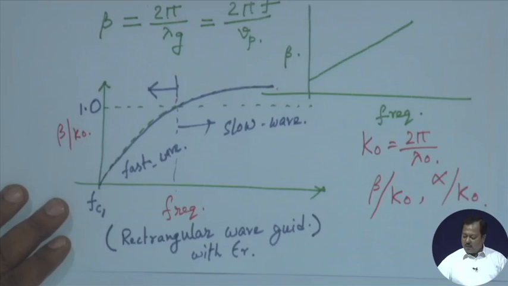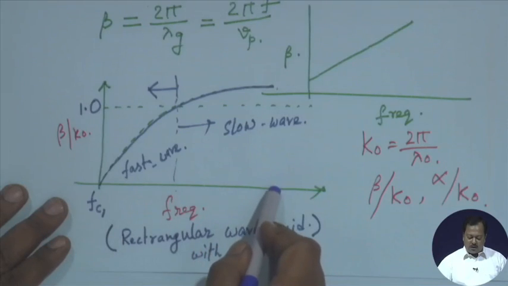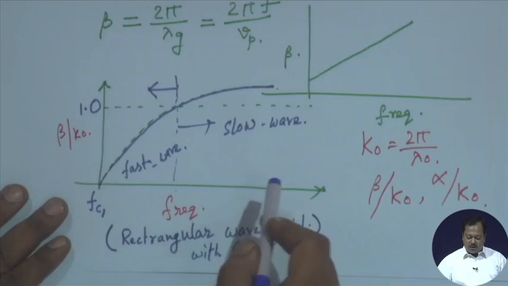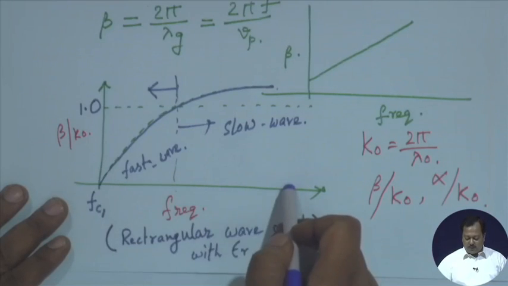We have so much information: what is the cutoff frequency for this given guiding structure, what is the frequency range over which it behaves as the fast wave, what is the frequency range over which it behaves as a slow wave structure, and how dispersive this line is.